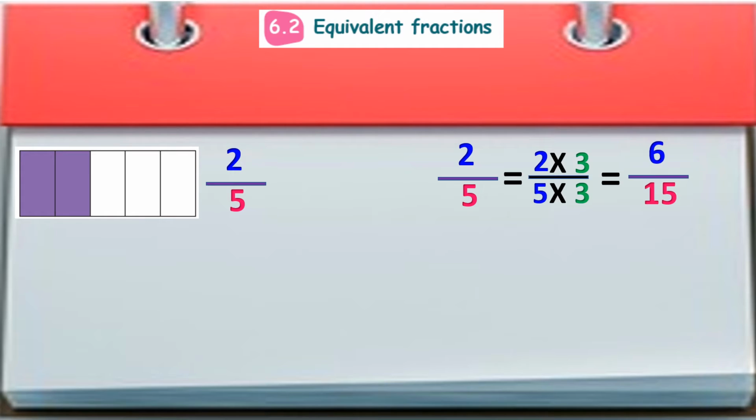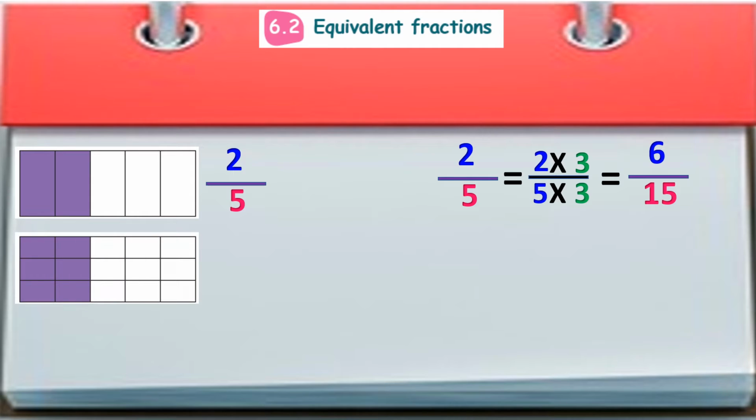So let us see the picture now. Look at this. Here the total number of parts are 15 and 6 parts are shaded. Is it clear? The same rectangle. But here 5 parts are there and here it was split into 15 parts.